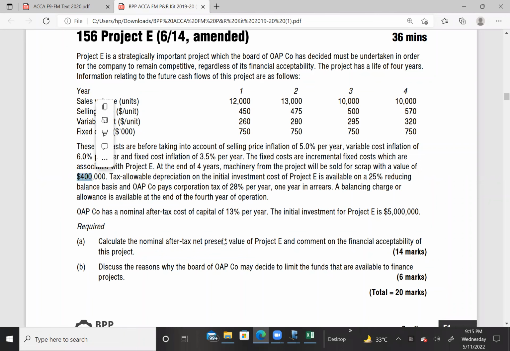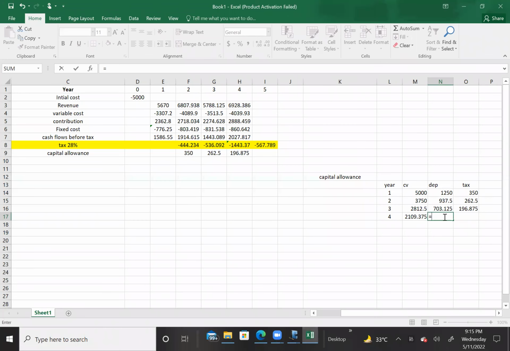The carrying value is 2109, and the sale proceeds are just 400. So we have a balancing allowance of 1709.375, and the tax relief on this will be 478, and this will be considered in the 5th year, which is the tax year. You get it?